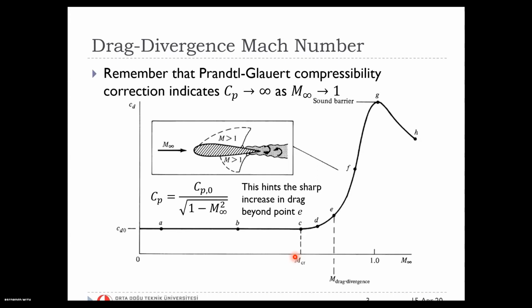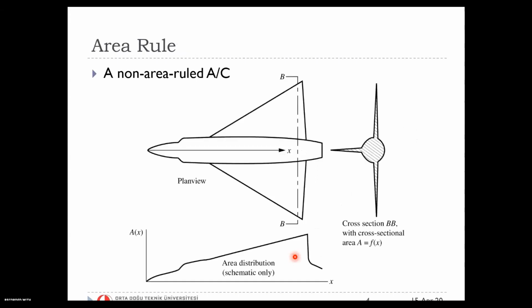But for the second case, let's look at what you can actually do. So there is this area rule, and I will try to explain it by two sketches I'm going to show in the coming two slides. So rather than looking at the cross section of an airfoil of the wing, let's look at the cross section, which is actually here the BB cross section, and the area of this cross section as we move in the x direction over the aircraft.